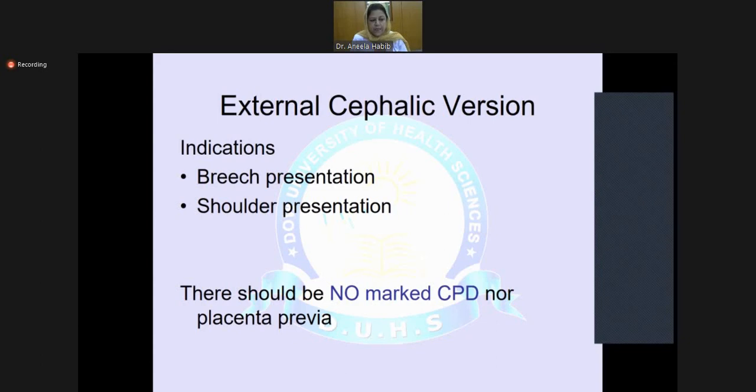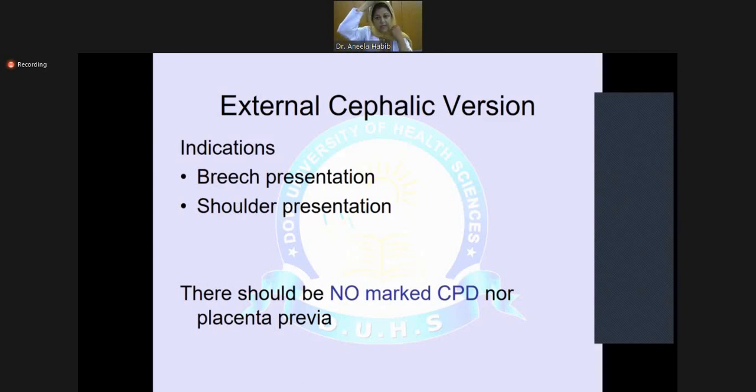This is for a breech presentation or a shoulder presentation, where there is no marked CPD or placenta previa. If there is any other indication for the cesarean section, then what is the point of doing these procedures? If the patient has had previous normal deliveries, then you can go for it.